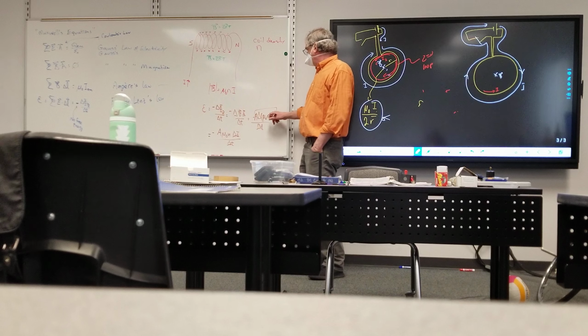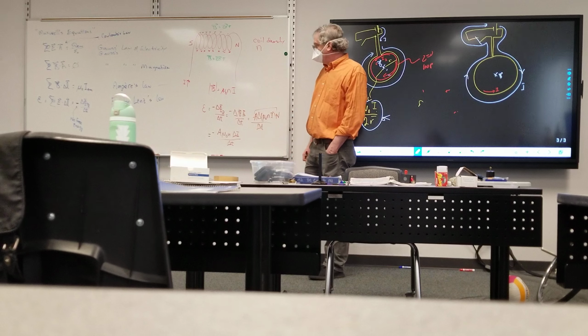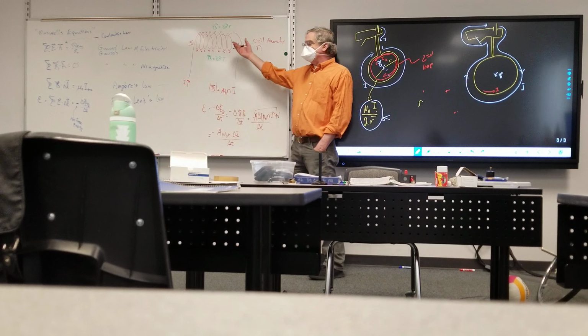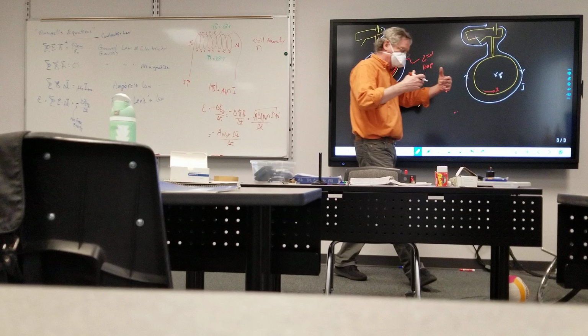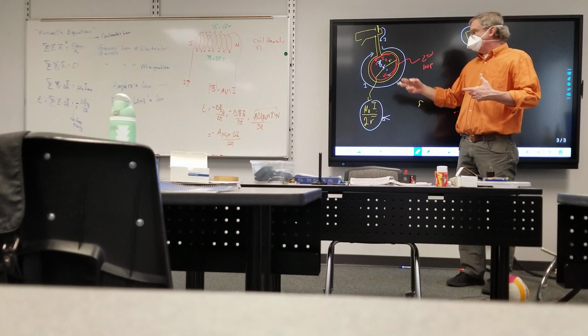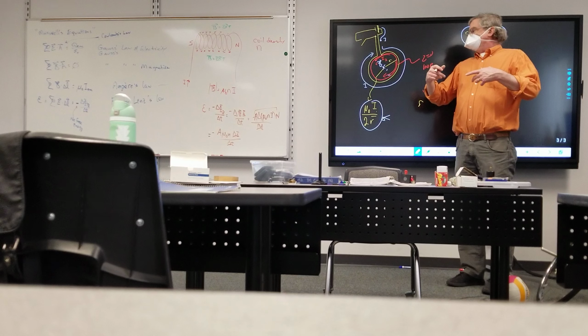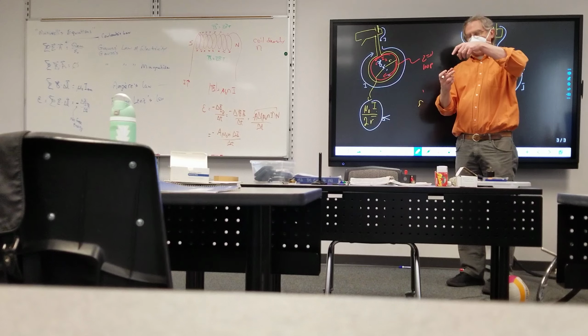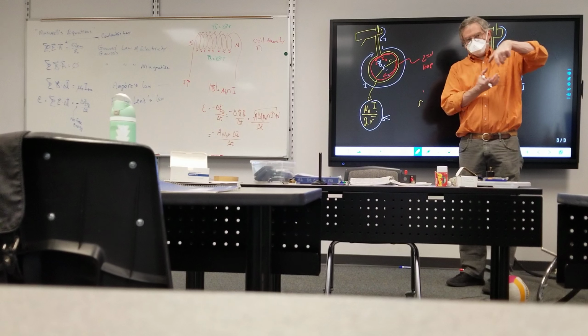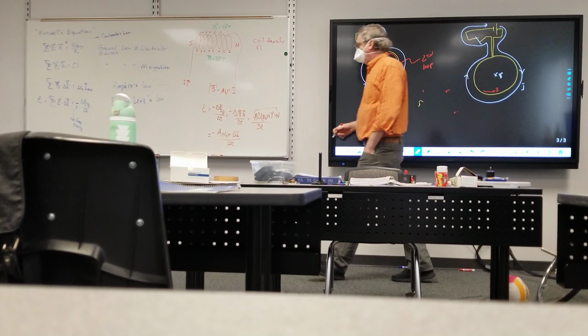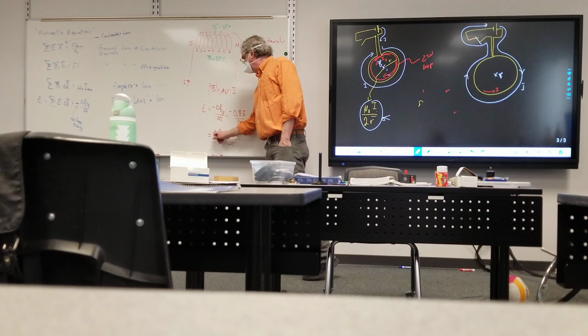So really, there should be times however many coils. Because each coil is getting a magnetic field. In an ideal solenoid, each coil gets a magnetic field of this. And so the flux would be the B times A for each coil. So I've got N of them. So throw an N out here.